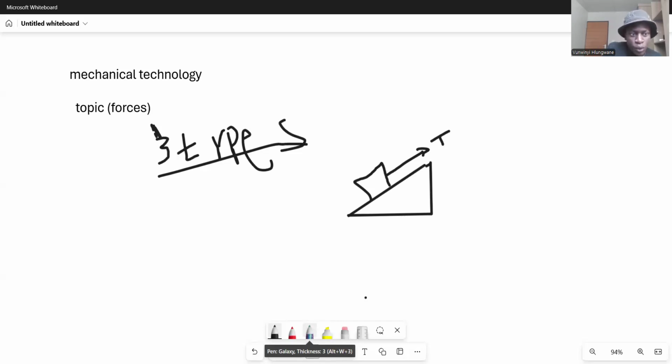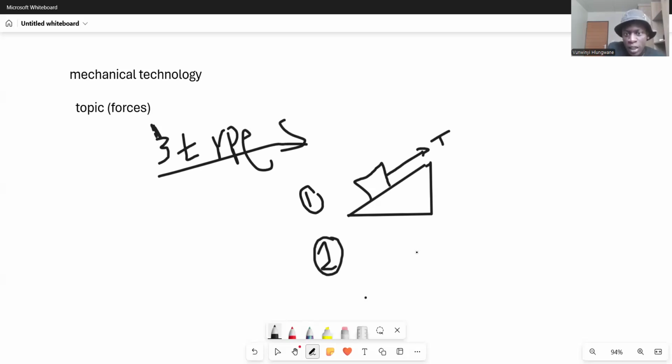Okay, number two. We said we have three types of different forces. Now we are coming to compressive force.